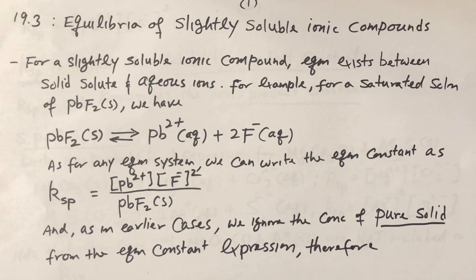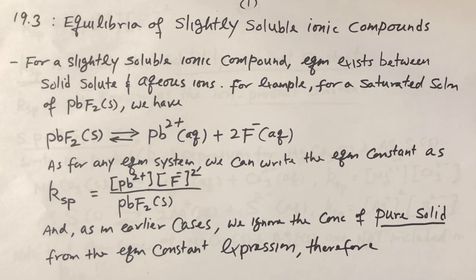All right, with that being said, let's take a look at section 19.3, the equilibria of a slightly soluble ionic compound. Now, ionic compounds by definition are made of a metal and a nonmetal. So ionic compounds have limited solubility.